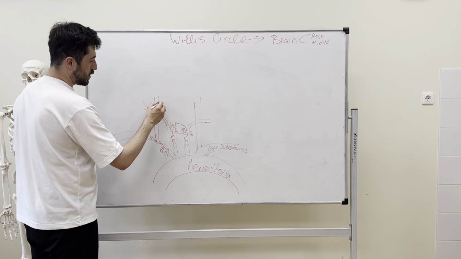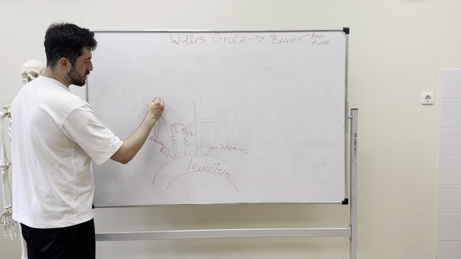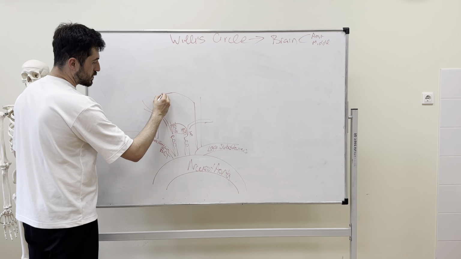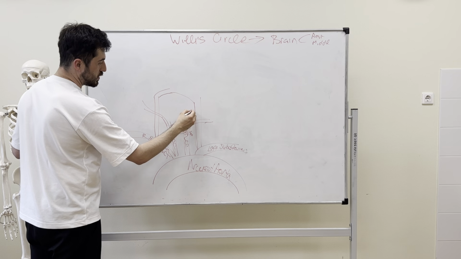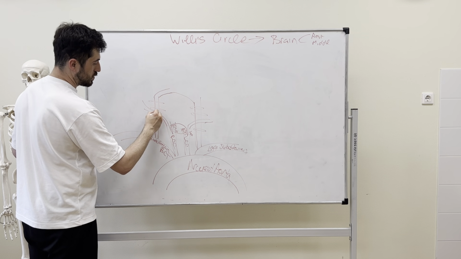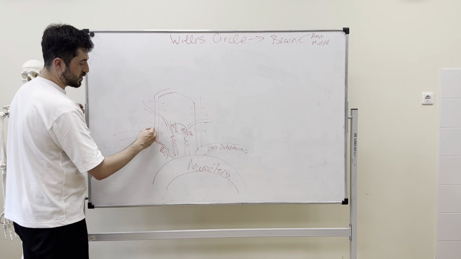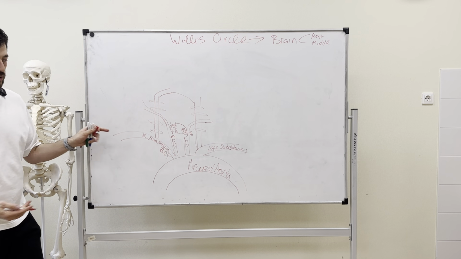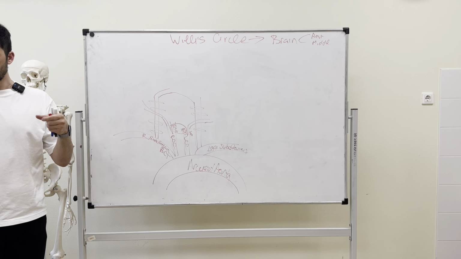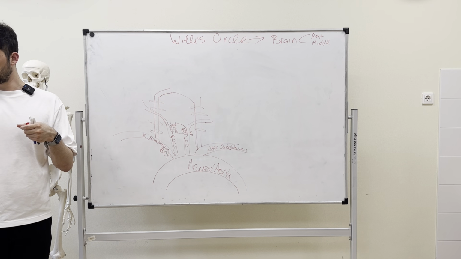So two arteries will be going up, and they will fuse with each other, and they are going inside of which canal? No, before the foramen magnum. They are going up right here, in the transverse processes. If you remember, in the vertebra there are foramens, right?